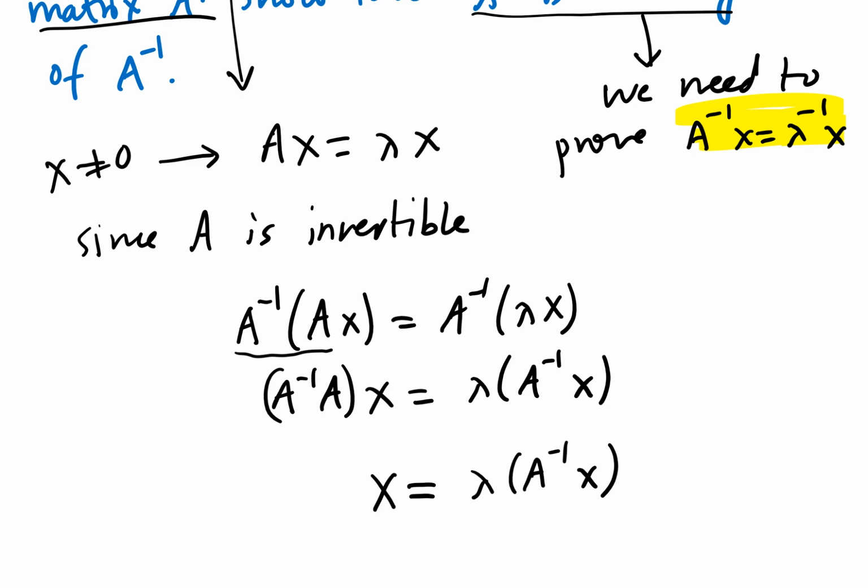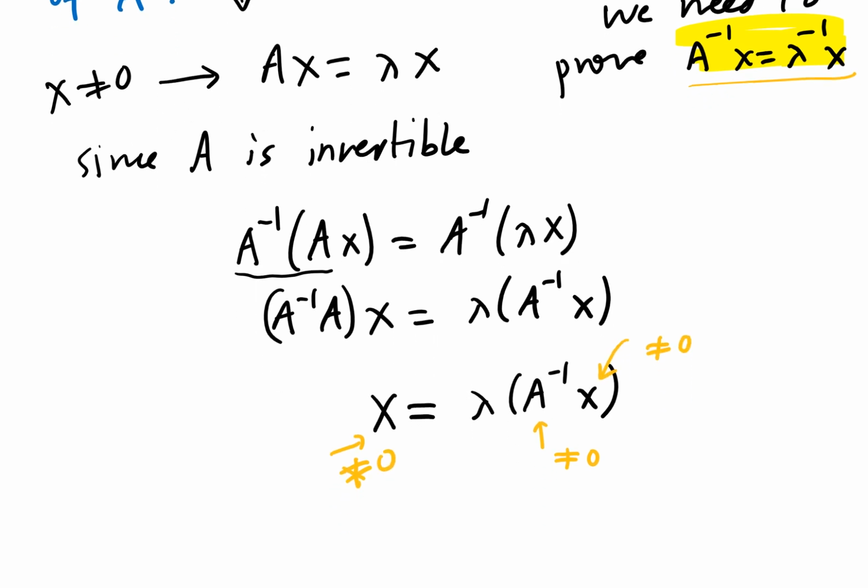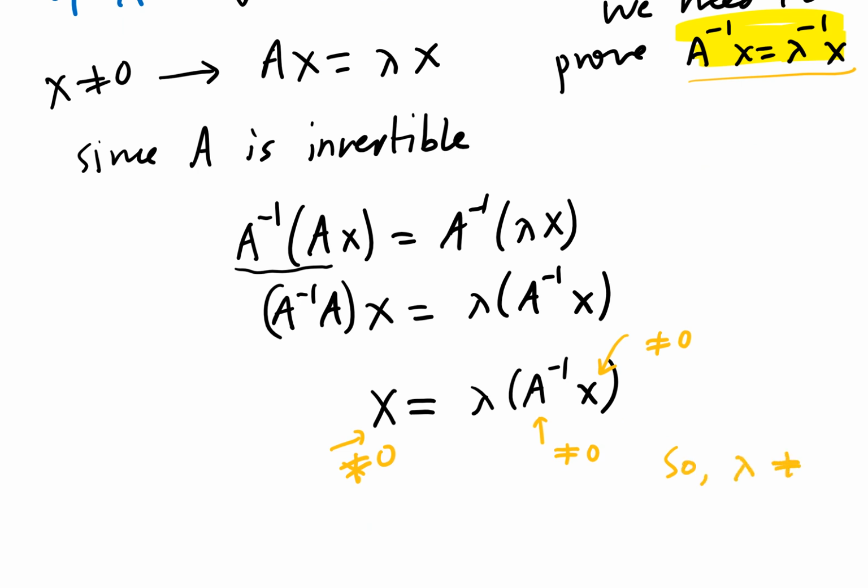Watch something here. This is what I need, but there's no lambda inverse here. Notice, since A is invertible and X is not 0, this tells us that lambda is not 0 for this equation.